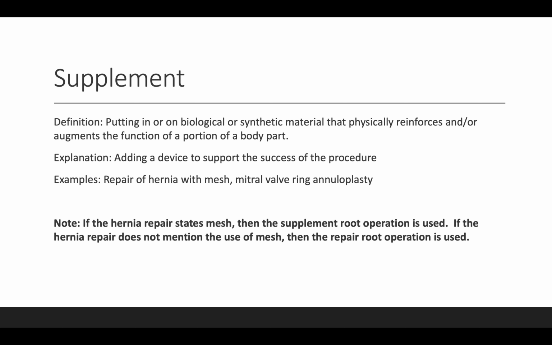So, for example, repair of hernia with mesh, mitral valve ring annuloplasty. Now, this is an important note. If you're talking about a hernia repair and the hernia repair states mesh was used, use the supplement root operation. However, if the hernia repair does not mention the use of mesh, then the repair root operation is used.